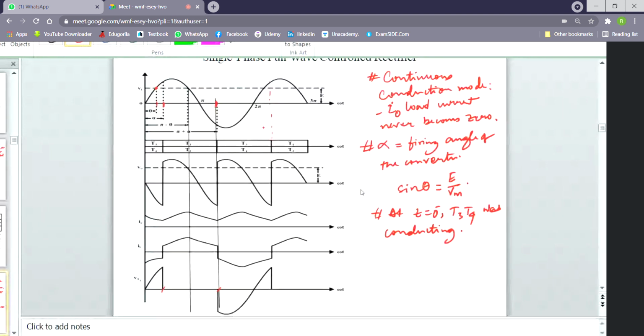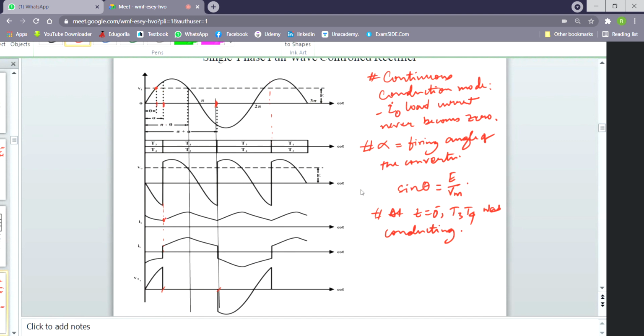Okay, so as you can see how the load current is operating, when omega t equal to alpha, what is happening at this point? At this point the load current I0 is around this value, correct? Now, as we can see, the source EMF is greater than the DC link voltage till omega t equal to alpha.